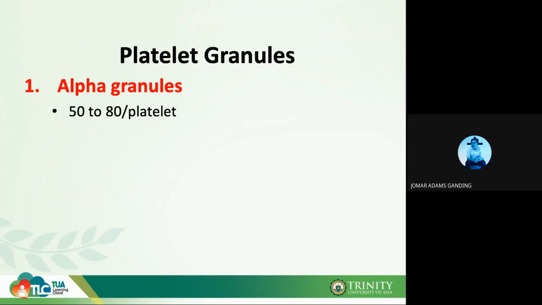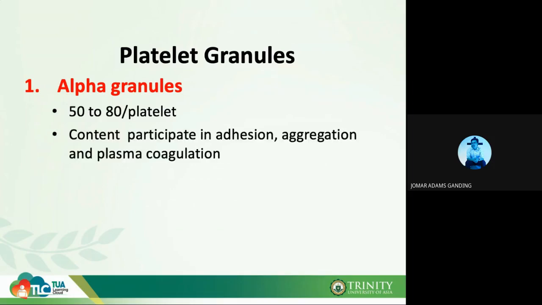Okay, your alpha granules are a very important content of your platelets because they participate in the adhesion, aggregation, and plasma coagulation. So remember what I told you a while back, that your platelets would adhere to the site of injury.